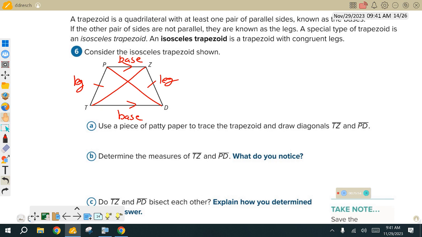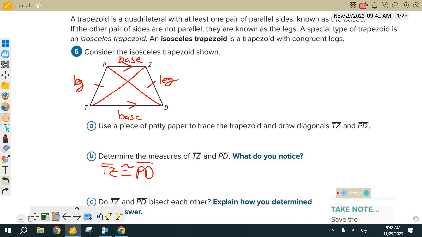If we were to take our patty paper, all right, and maybe throw these two triangles here together and put one on top of the other, you're going to find out that these two diagonals, they're congruent. So TZ is congruent to PD.